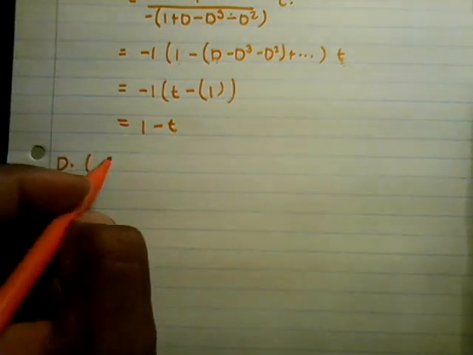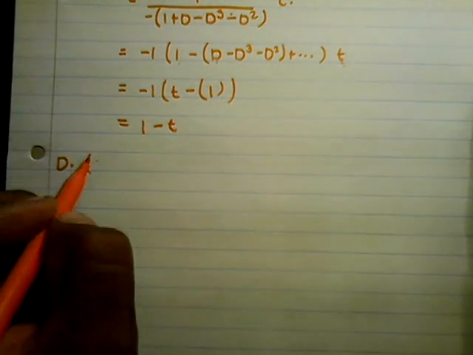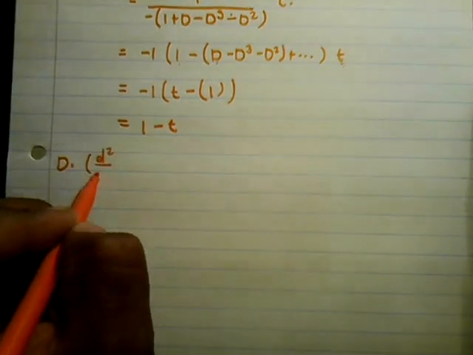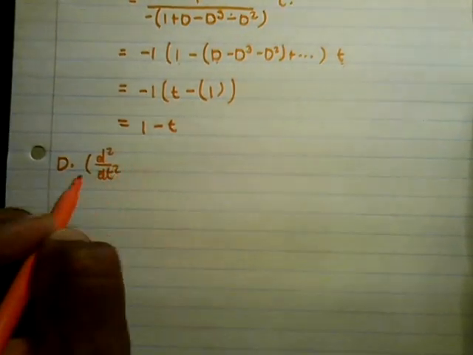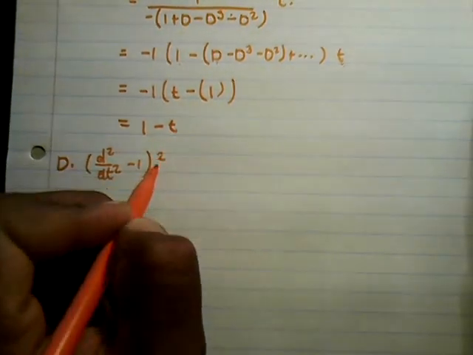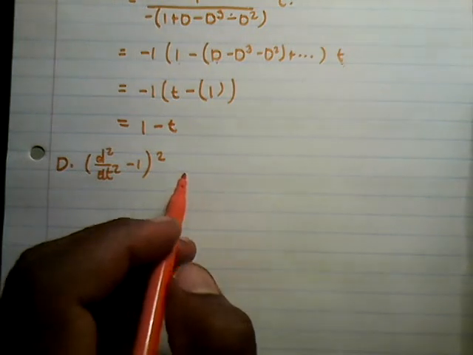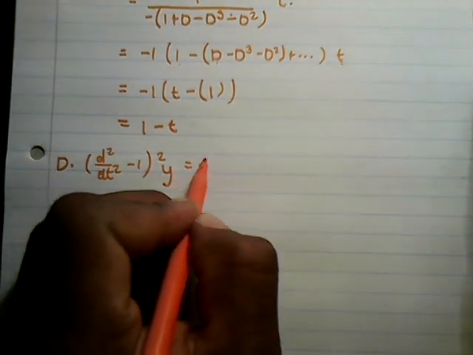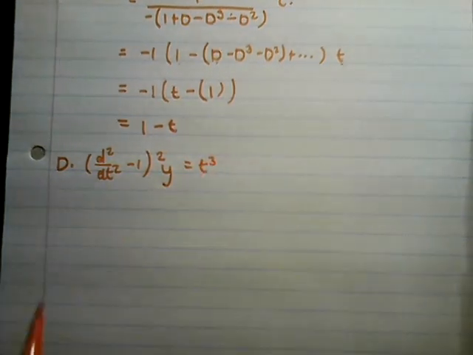Let me write what they wrote there: D squared over dt squared minus 1, all squared, operating on y is equal to t cubed.